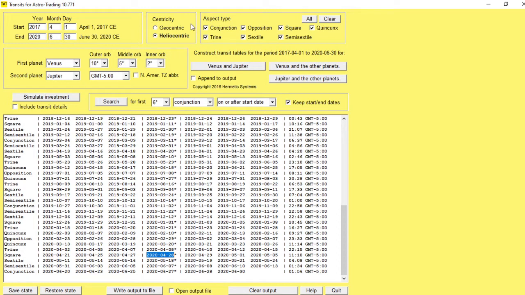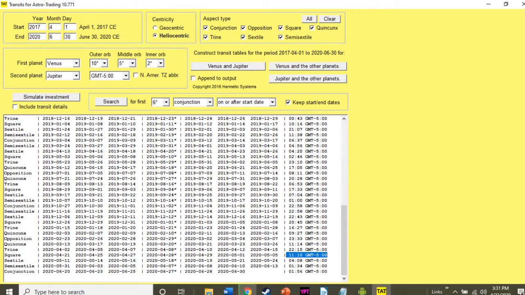You can see the sun-centered chart here. How close were the planets to making this aspect? Today on the 22nd we're right here, and then the exact time will hit here.